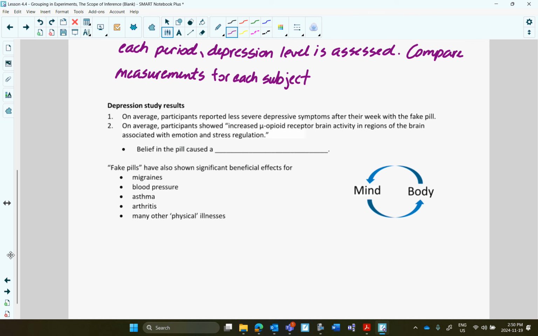What was the point of flipping the coin? Well, because otherwise you're making a judgment as to who goes into which group. Imagine two months.